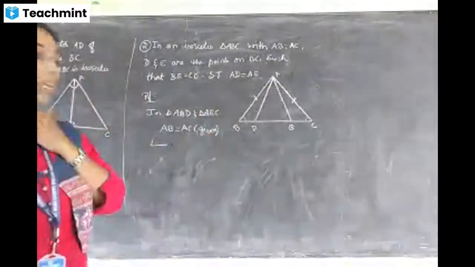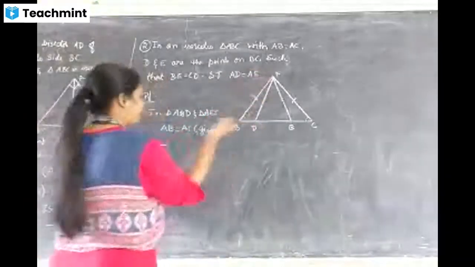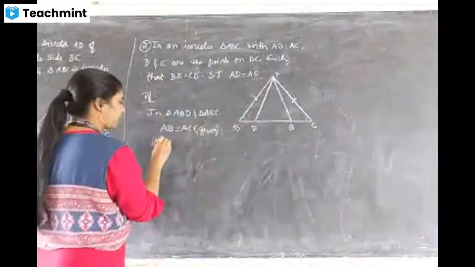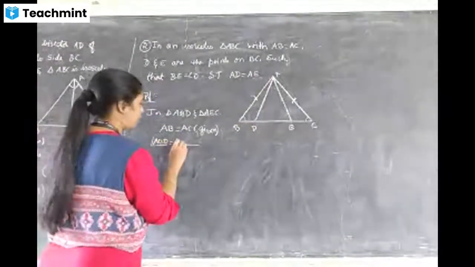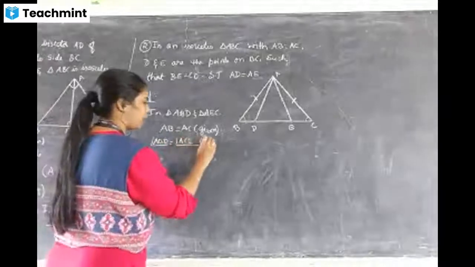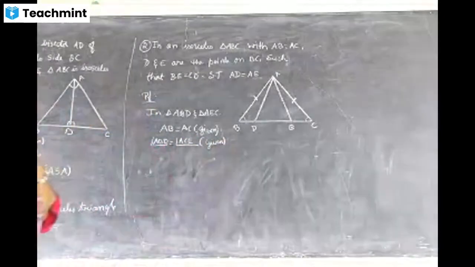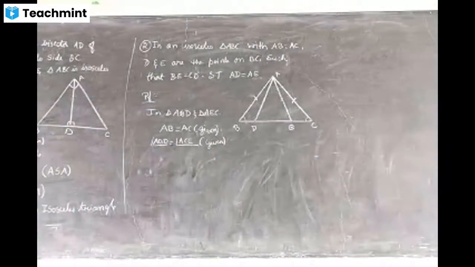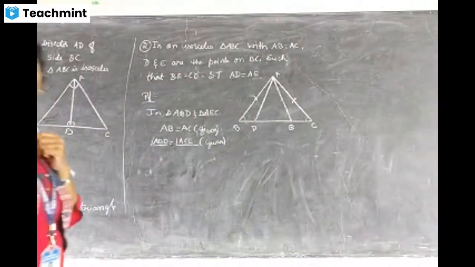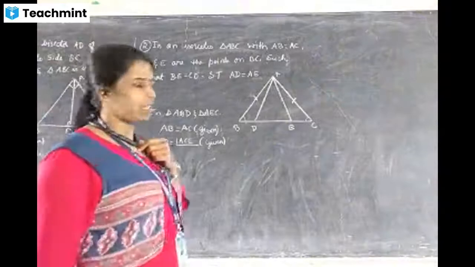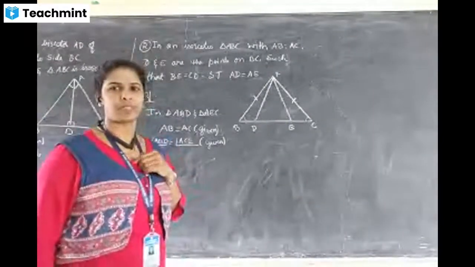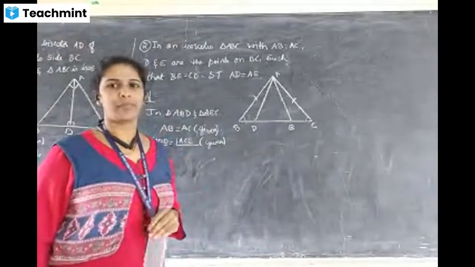Angle ABD is equal to angle ACE. Next, one more we want. Is there anything that you can see?